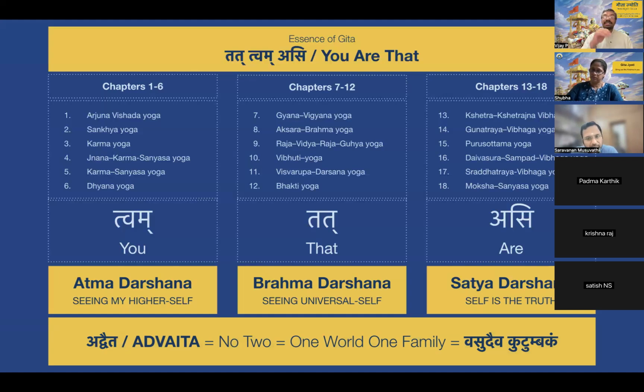And another way of looking at Advaita is, as a world, the world is my family. Because there is no more me and the others. Vasudhaiva Kutumbakam. This is one world, one family. It's like two ways of looking at it. When you look, the world doesn't seem to be separate from me. Essential knowledge is Advaita. So this is the journey that Bhagavad Gita takes us through the 18 chapters.